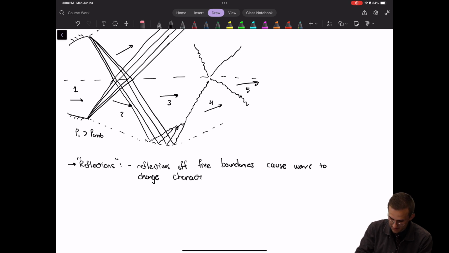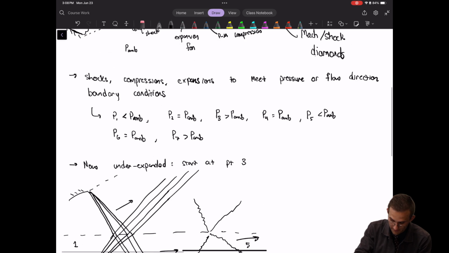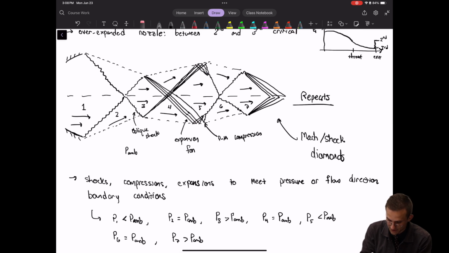So what do I mean by that? What I mean is that whenever a reflection is occurring down here off of this dashed line, the wave turns from an oblique shock to an expansion, or from an expansion to compression. Okay, so they're changing character from expansion to compression.